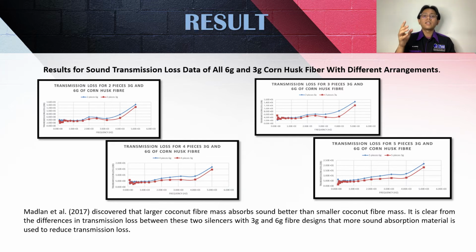Then it's clear from the difference in transmission loss between these two silencer designs, 3 gram and 6 gram fiber, that more sound absorption material is used to reduce the transmission loss. So I got a better result, and the result also matches the previous result. Okay, next, that is the end of my measure, which is transmission loss.